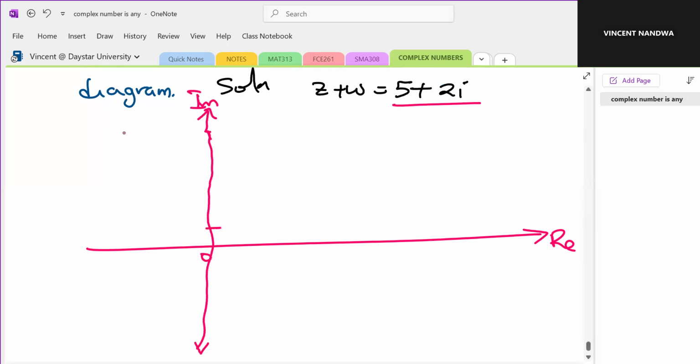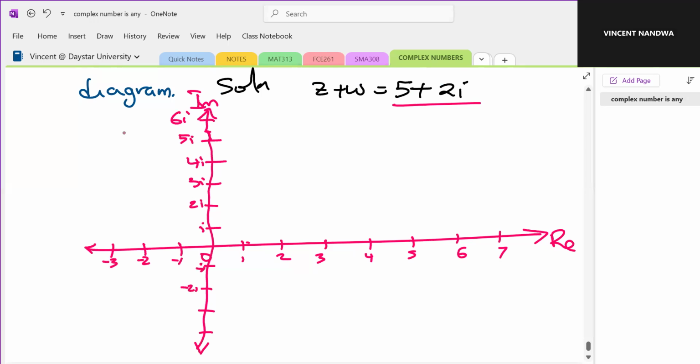So 0, i, 2i, 3i, 4i, 5i. 1, 2, 3, 4, 5, 6, 7. i, 2i, 3i, 4i, 5i, say 6i, minus 1, minus 2, minus 3, minus i, minus 2i, minus 3i, minus 4i.